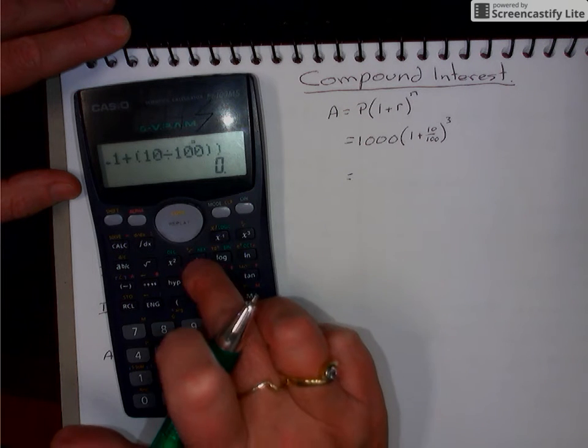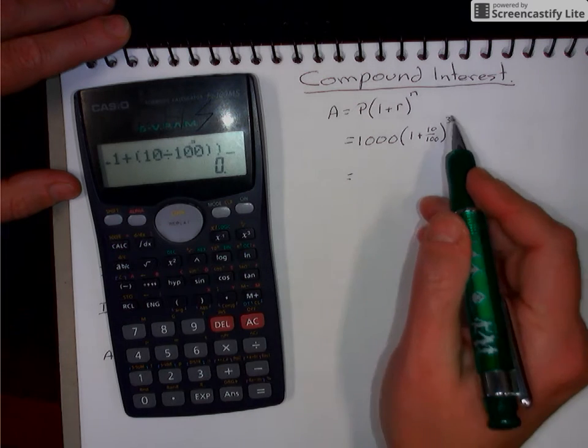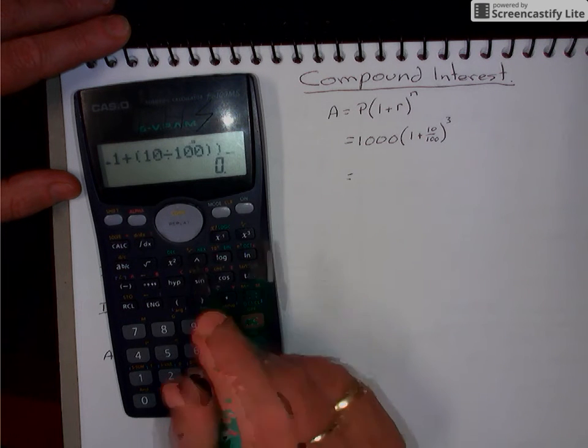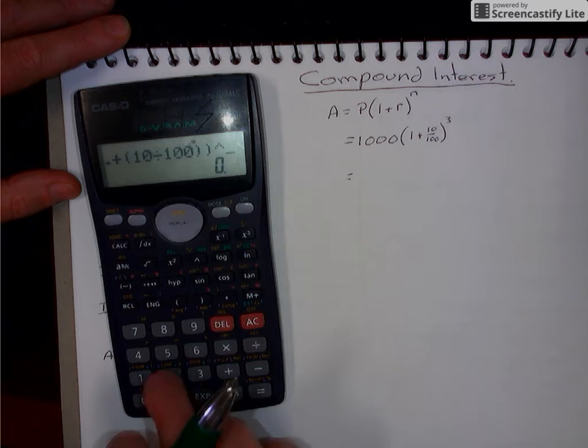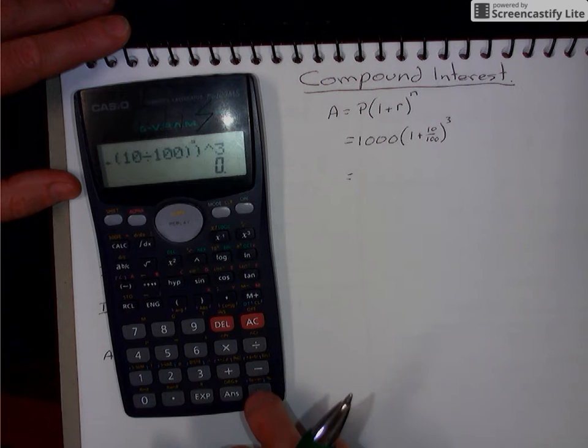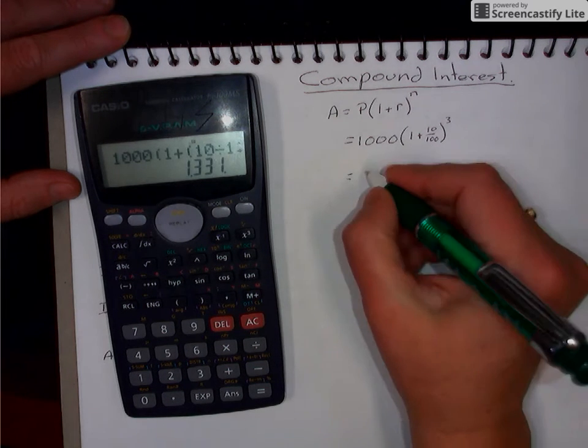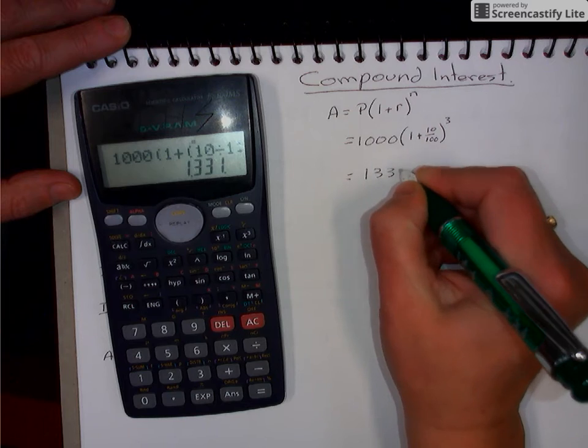Now I'm going to do to the power. On this calculator, we use this button here, lets me put to the power of 3. Different calculators will do it differently. When we go equals, 1,331.